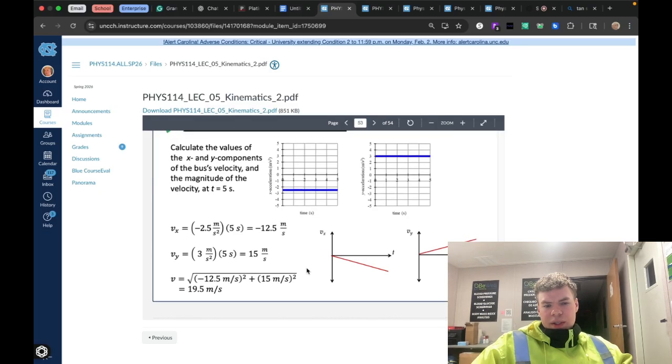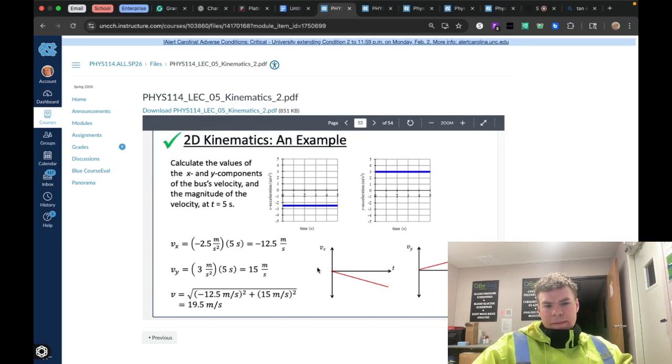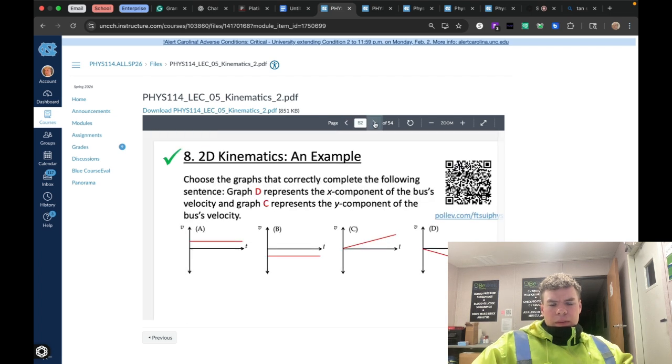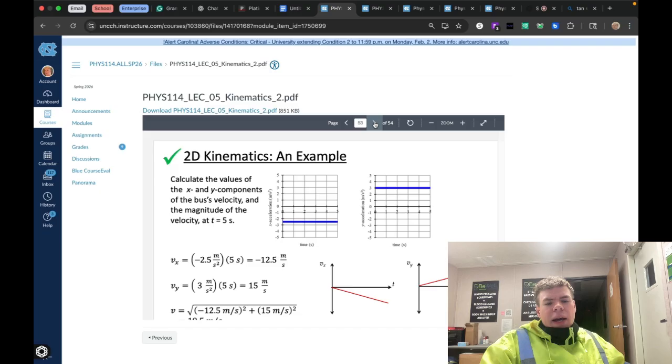So I literally just said, calculate the values of the x and y components of the velocity.